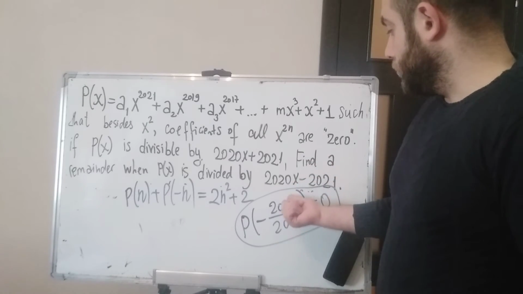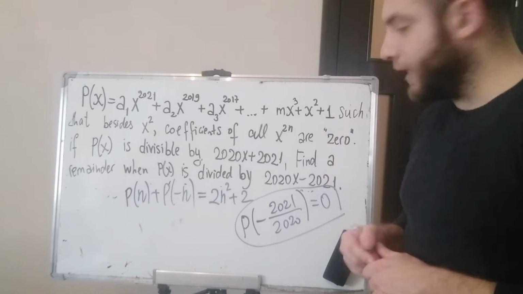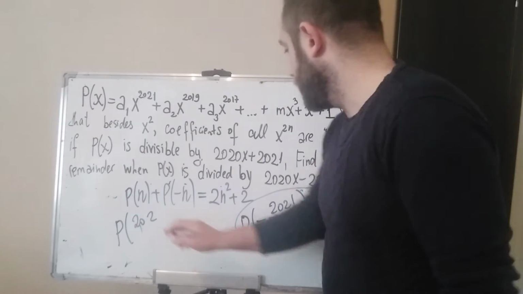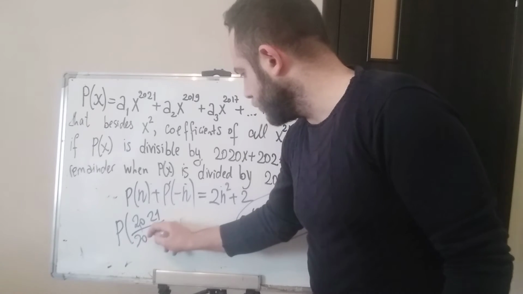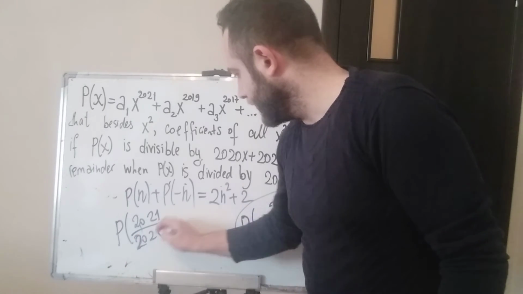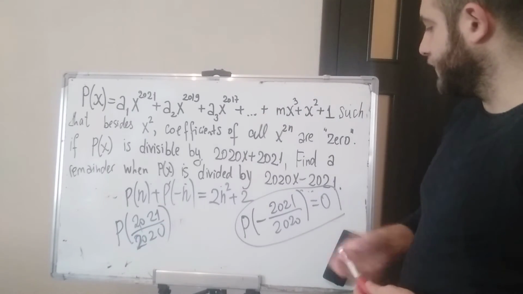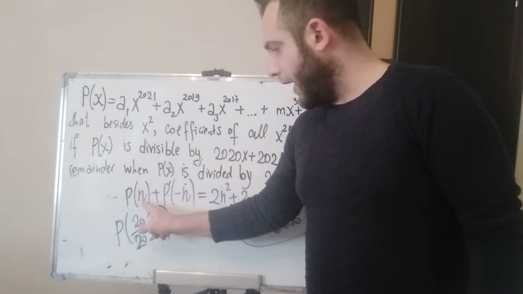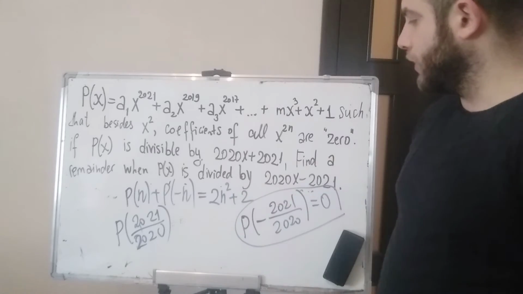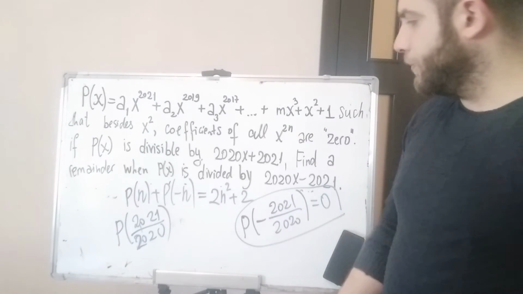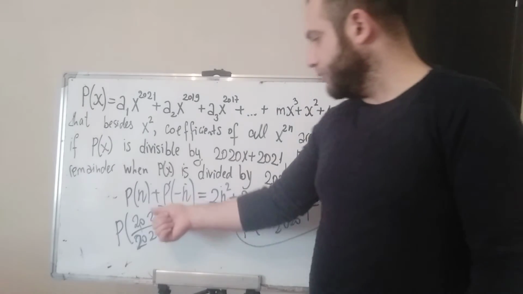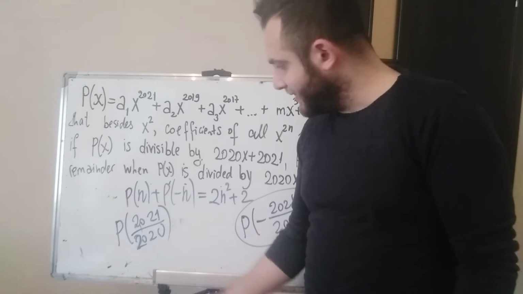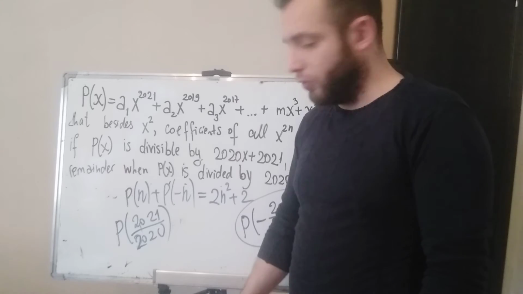But what we have to find is P of 2021 over 2020. We have this other value, which is 0. We also know that P of n plus P of minus n is 2n squared plus 2. That's great, because if we write 2021 over 2020 instead of n, we will get what we need.